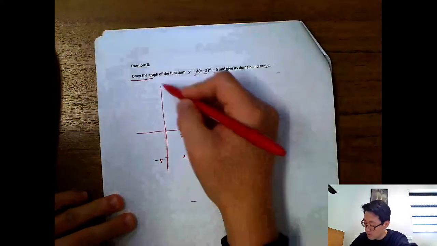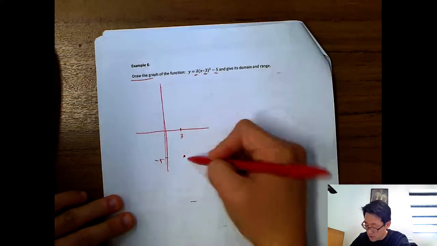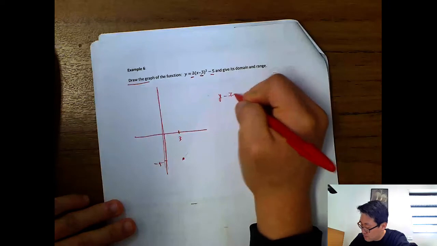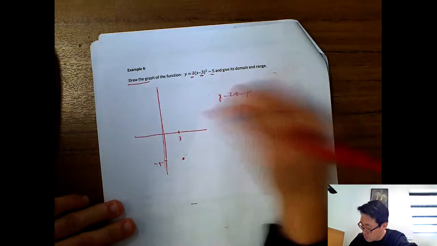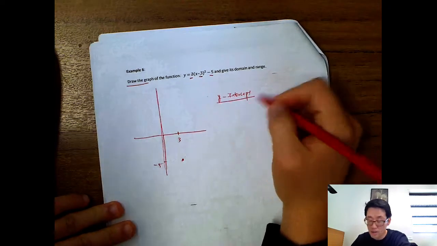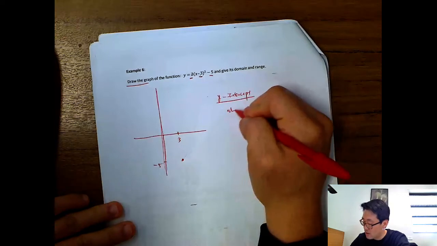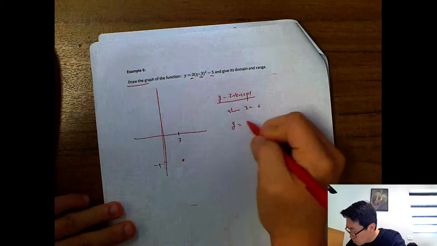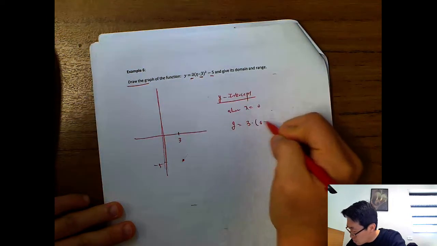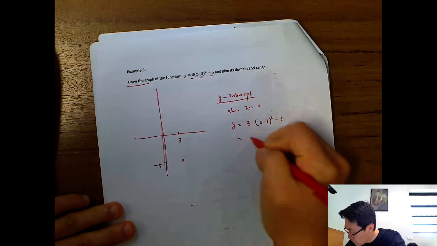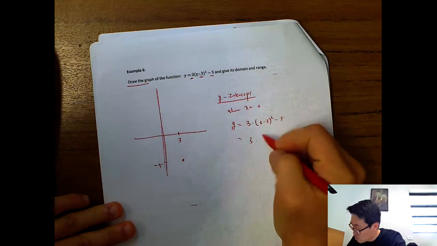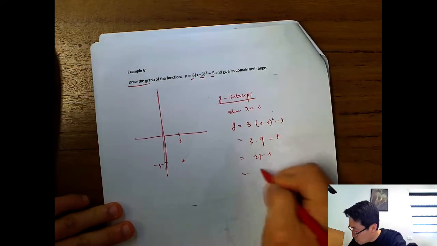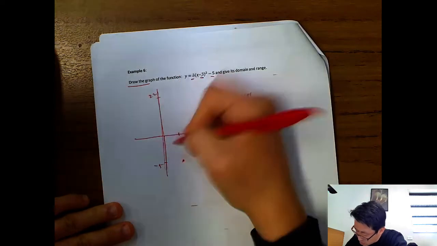So I need to get y-intercept first. Yeah. Go and check y-intercept and x-intercept. So y-intercept, I'll draw that later, depends on y-intercept. Y-intercept is when x equals 0, y equals 3 times (0 minus 3) squared minus 5. 3 times 9 is 27, minus 5 is 22, so it's 22.